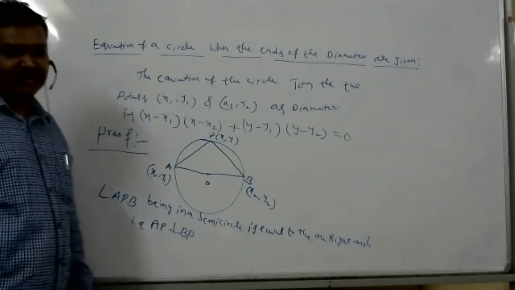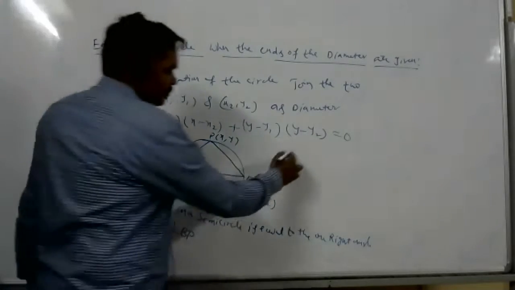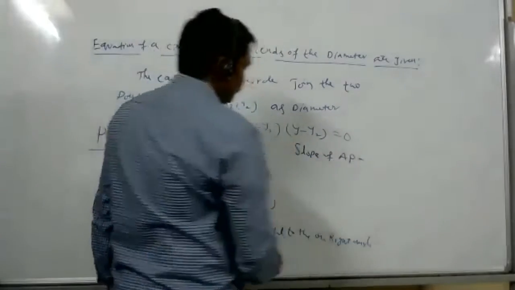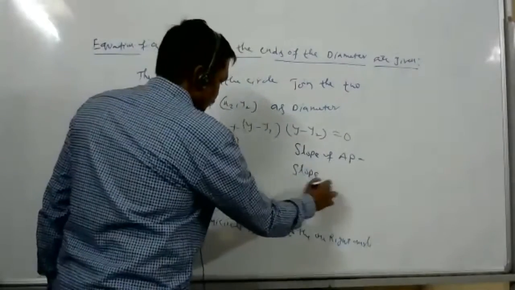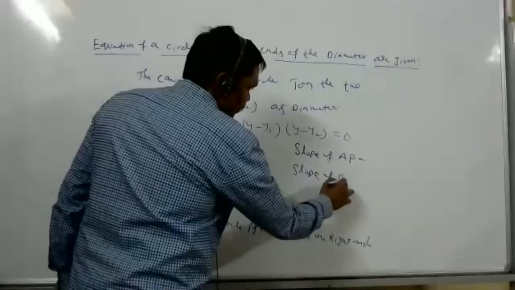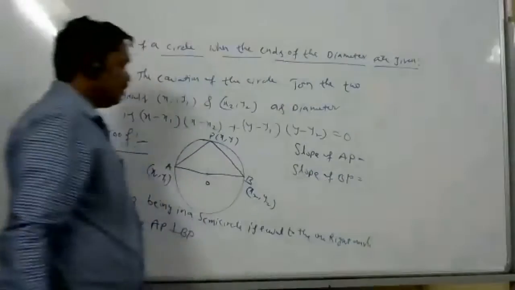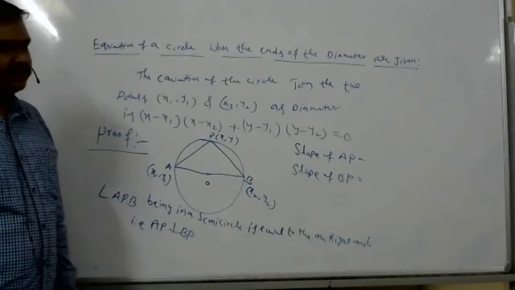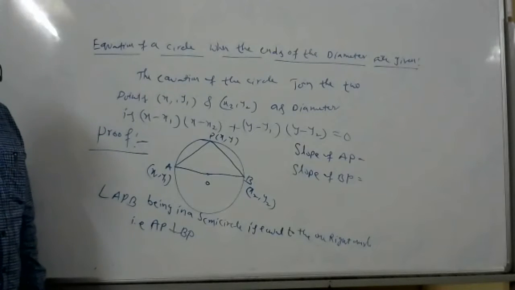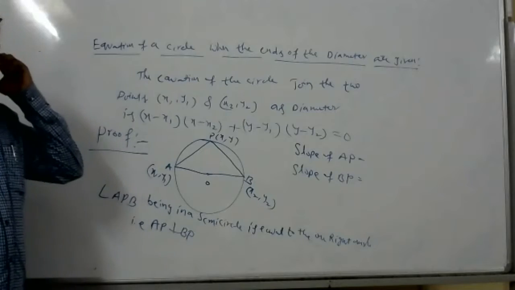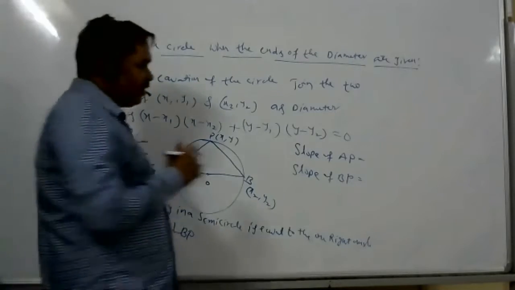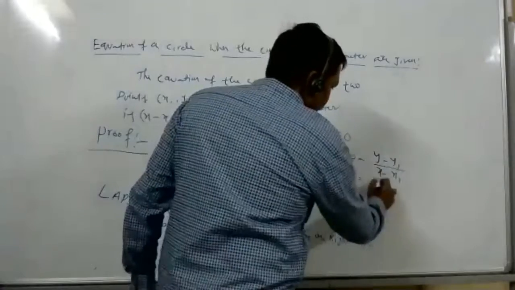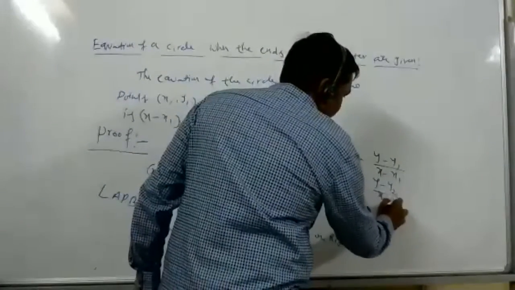Find the slope of AP and slope of BP. Slope of AP is y minus y1 by x minus x1, and slope of BP is y minus y2 by x minus x2.